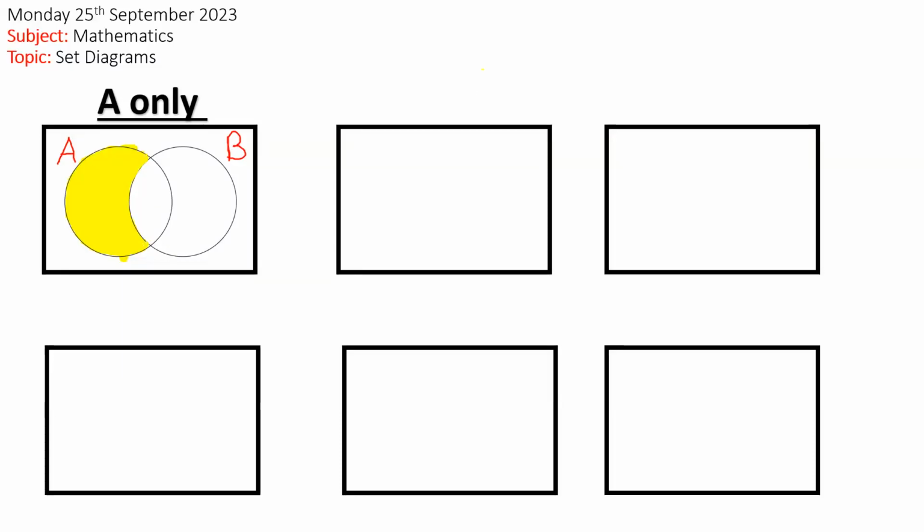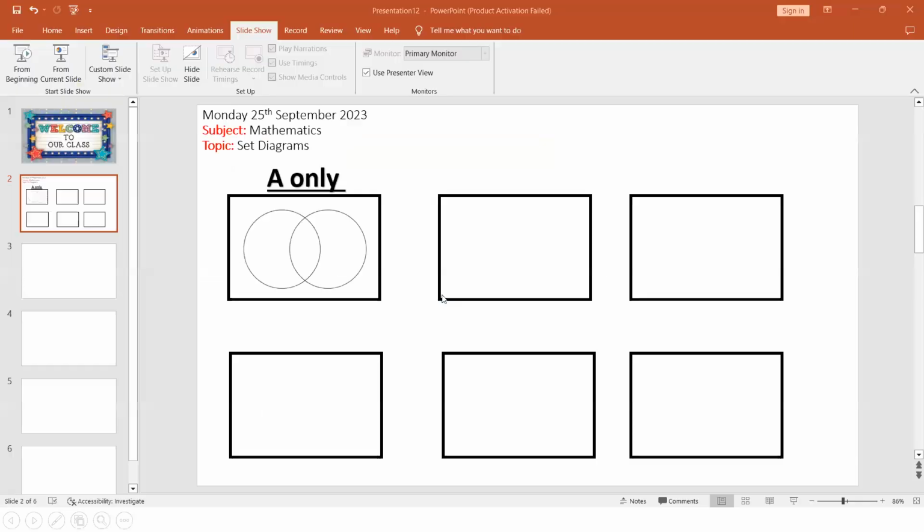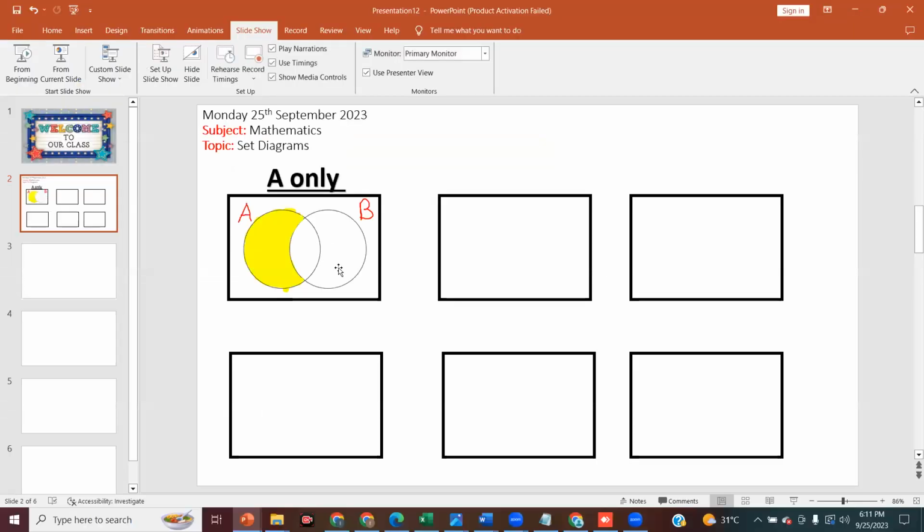Any questions on that? Hello, I'm speaking to you all. Any questions? Yes, sir. What A and B is? No, this is A and this is B. I'm saying this diagram shows A only. The shaded part is A only. So if I ask you for A only, you're only going to shade in this part.